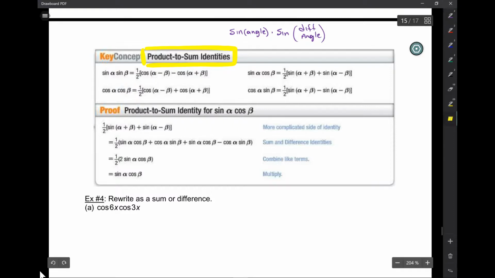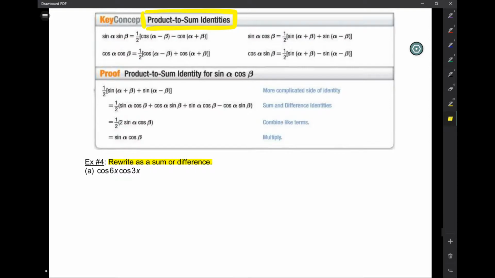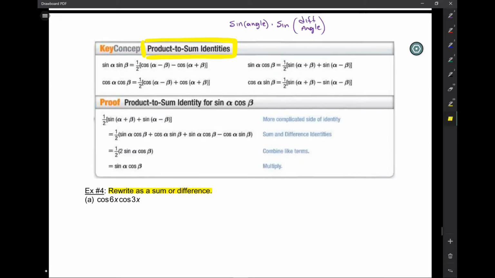So if you want to rewrite as a sum or difference, you're starting with a product and ending with a sum. That's product to sum.